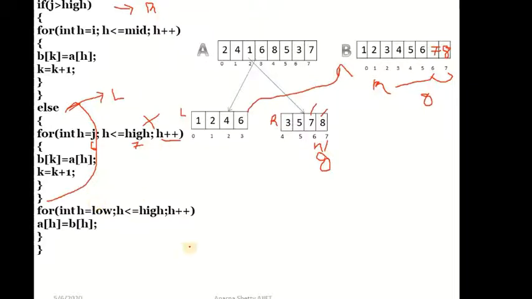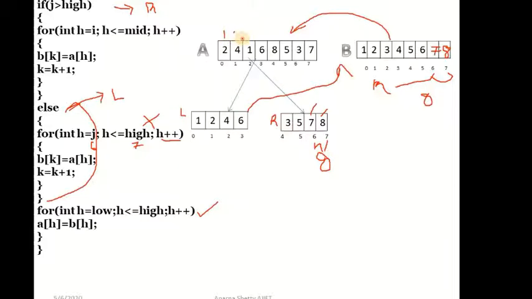And here, using this final for loop, what we are doing is, now the sorted elements are in B array, right? So we have these elements in increasing order. Next we are copying it back to the A array. The sorted elements, we are copying back to the A array.